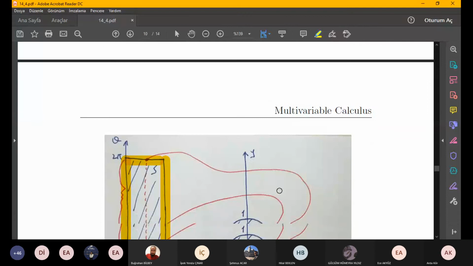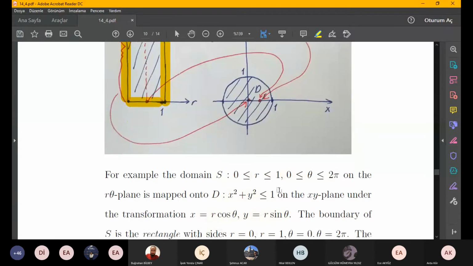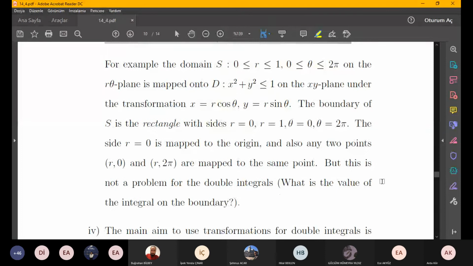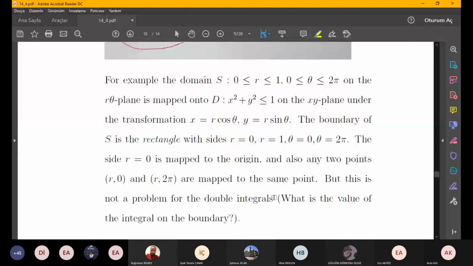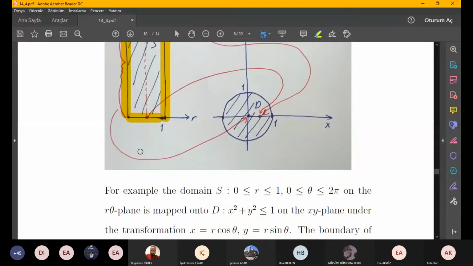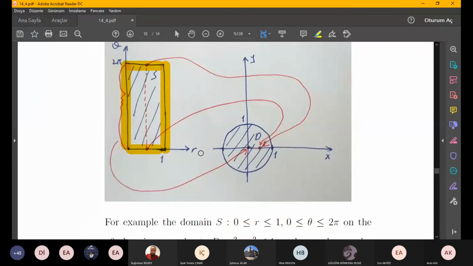Okay, so the boundaries of S are those sides that we sketched, and the side r equals 0 is mapped to the origin. So r equals 0, this one, is mapped, as you can see, to the origin on the xy plane.